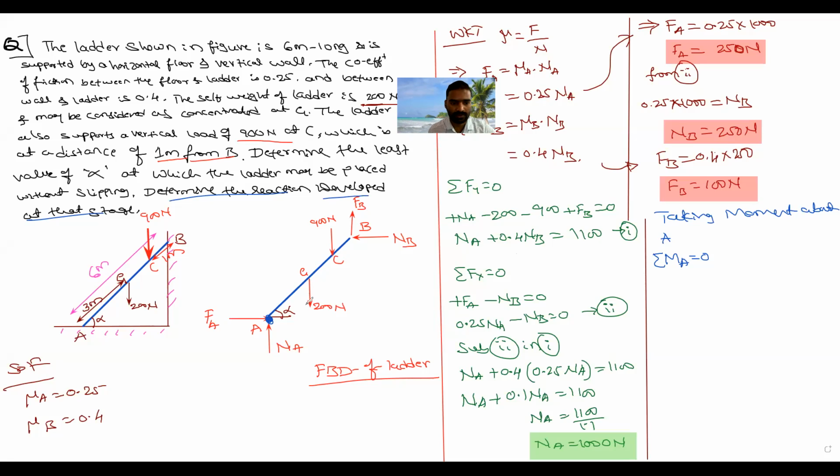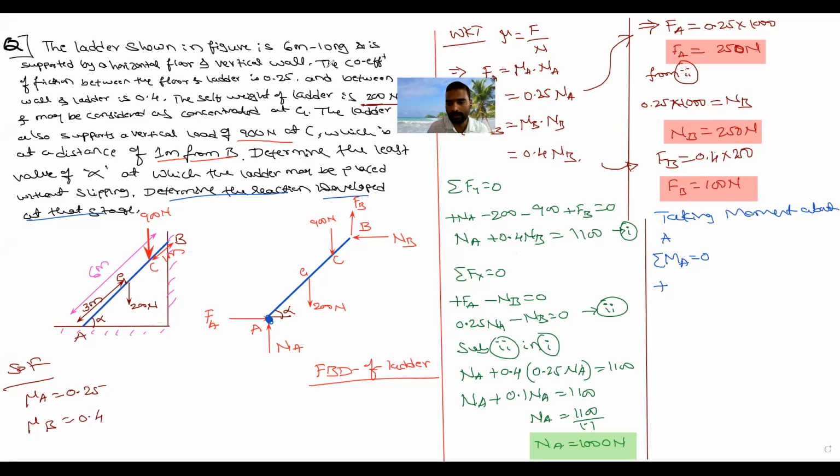Next, this 200, is it producing any moment? Yes, sir. How much is it? Is it 200 or 250? 200, correct. Is it a clockwise moment or anti-clockwise moment? Clockwise, so plus.